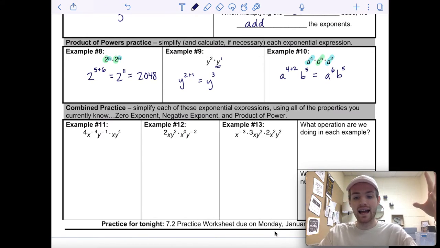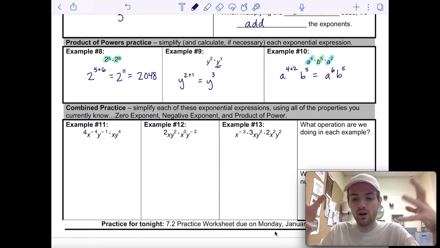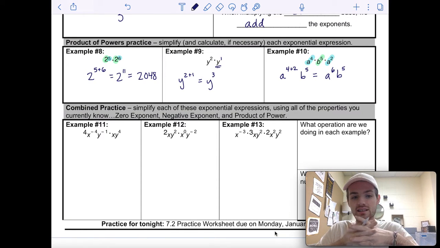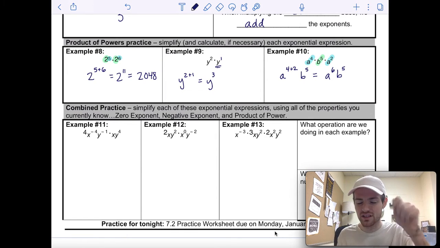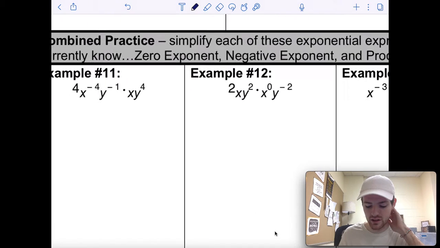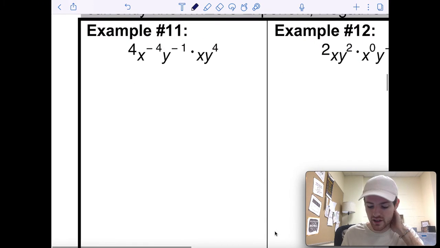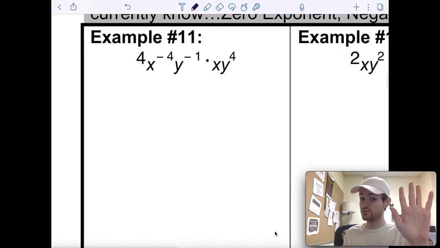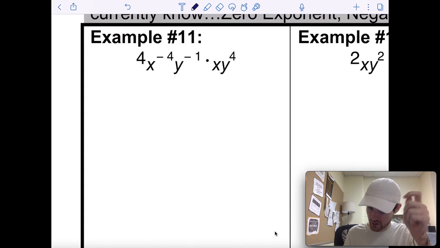Go ahead and group together all of the same bases, and then ask yourself, is there still a negative exponent? If there's still a negative exponent after you add, then flip it. I'll show you what I mean with example 11. If you want to try example 11 on your own, pause now. I'm going to start.